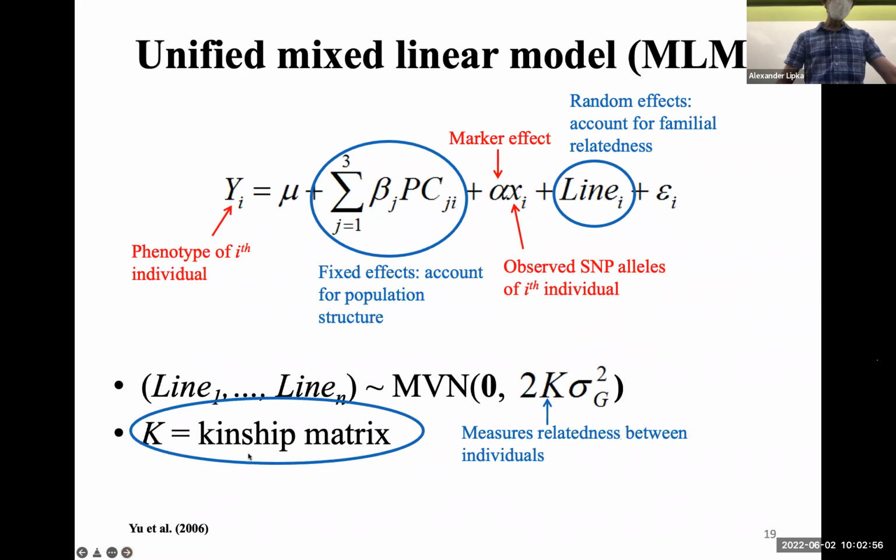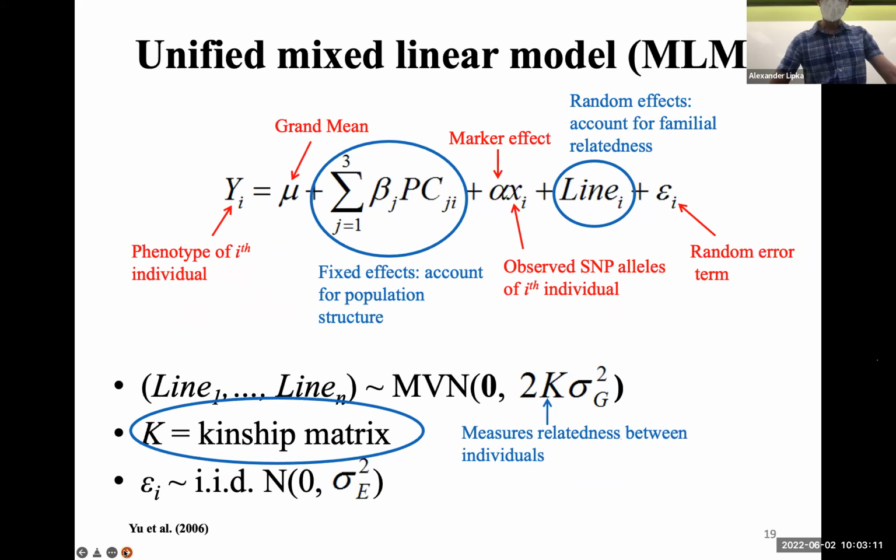And then we have a kinship matrix, or as you were learning yesterday, additive genetic relatedness matrix, that is used to model the variance covariance between our individuals, and hence account for familial relatedness. And then of course we have our error term, okay?